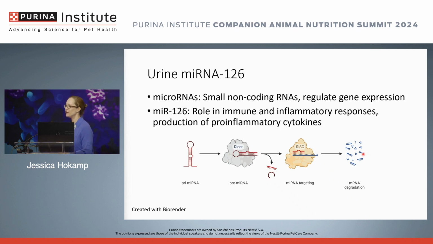Okay, so a very recently released study on microRNA 126. MicroRNAs are small non-coding RNAs that regulate gene expression, and microRNA 126 has a role in inflammatory responses, production of pro-inflammatory cytokines, and immunity.